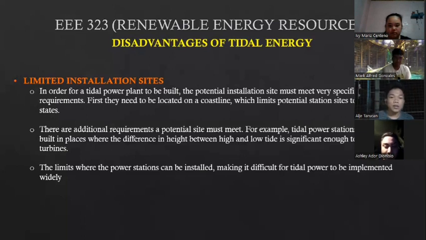There are additional requirements a potential site must meet. For example, a tidal power station needs to be placed where the difference between high and low tide is significant enough to power turbines. Ito nga daw, limited lang din makahanap ng isang tidal power station na magpapaikot sa power turbines.